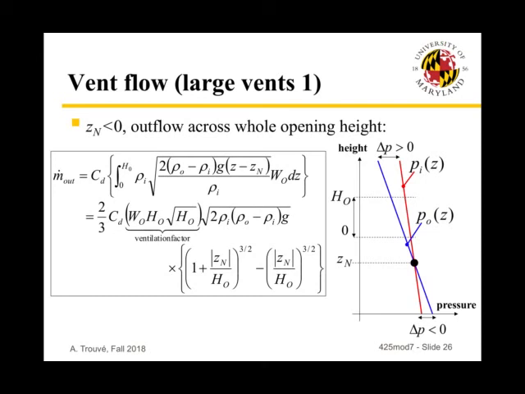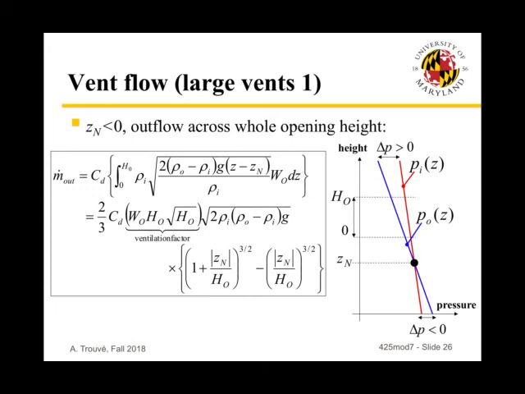And this is the first evidence that the ventilation factor that we have used in the simple expression, where we have assumed that m dot in can be written as 0.5 times the ventilation factor, comes out of this theory.